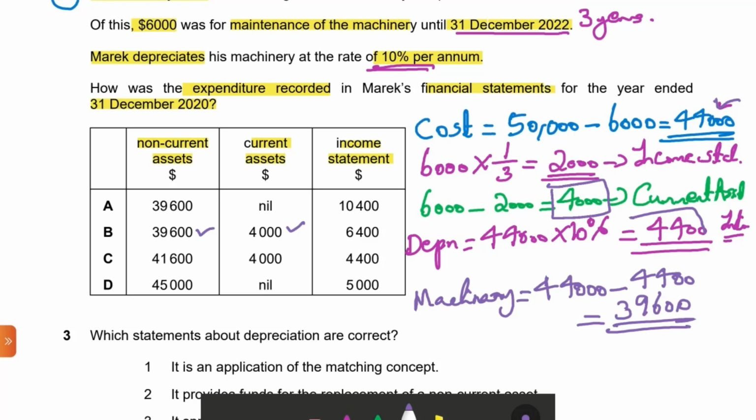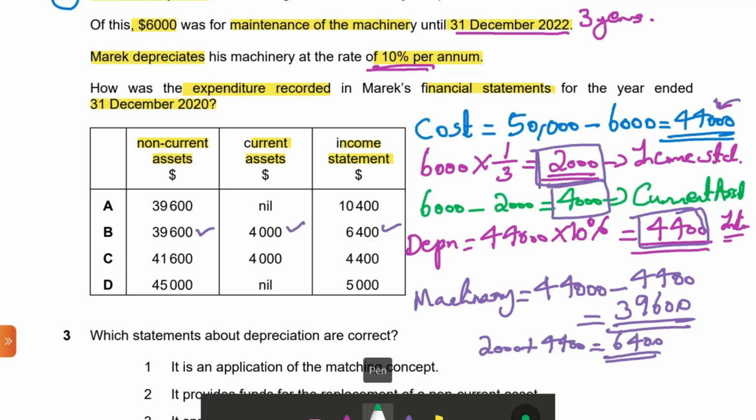In the income statement we calculated 2,000 maintenance cost, 4,400 depreciation. So 2,000 plus 4,400 is equal to 6,400 income statement. So the correct answer is B.